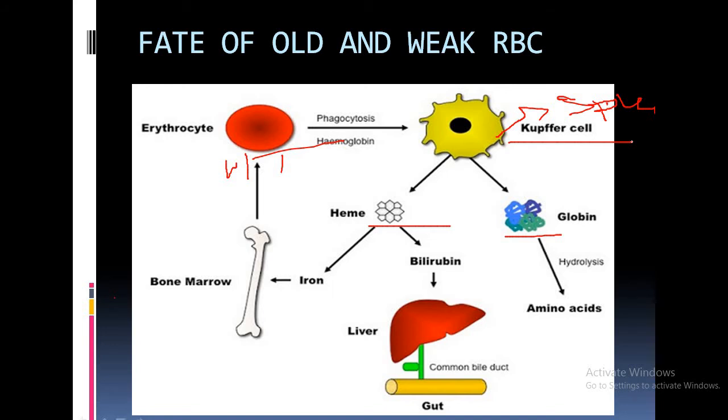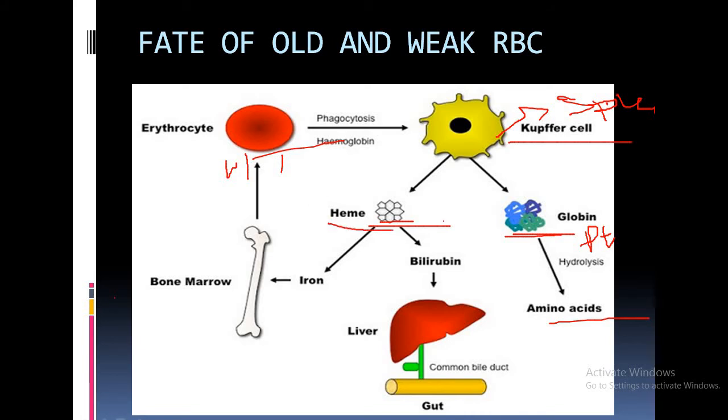After that, the pigment part is taken up by the liver. From the pigment part, the heme part is separated and the globulin part is separated. We know that globulin is protein. This protein after hydrolysis will form amino acids, which will be utilized by different parts of the body.